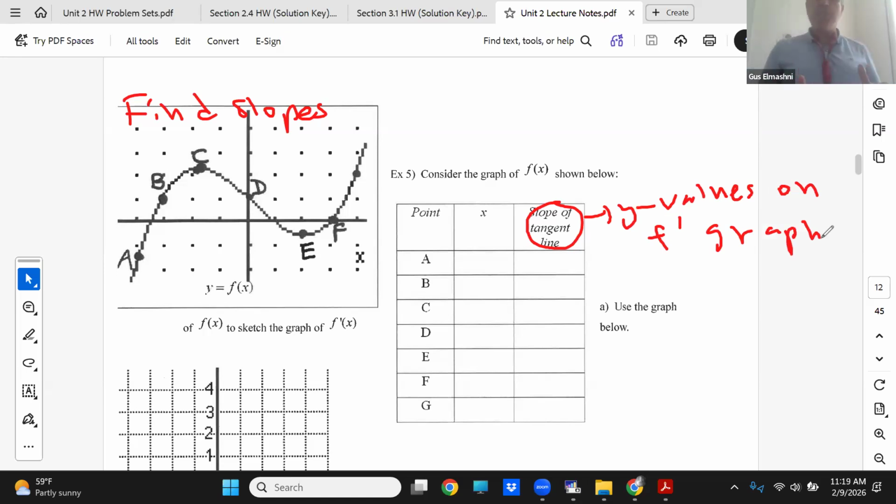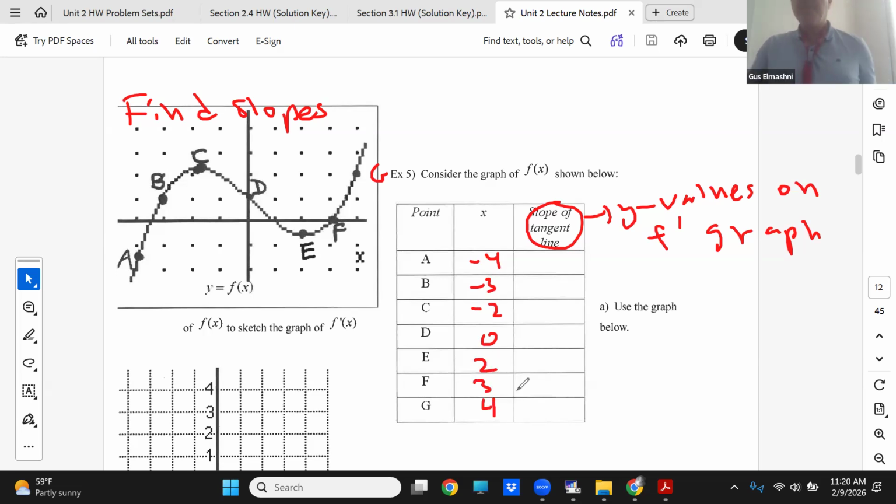We're going to try to find all these slopes on the original and make those the y values on the derivative graph. So if we look at points A, B, C, D, E, F, then what the heck, there's a G right here. The x values are the following: -4, -3, -2, 0, 2, 3, and 4.